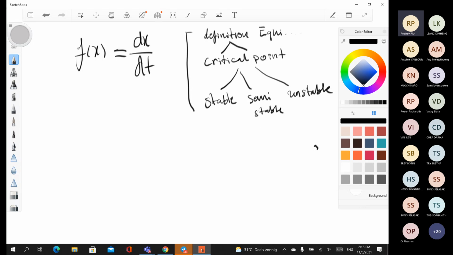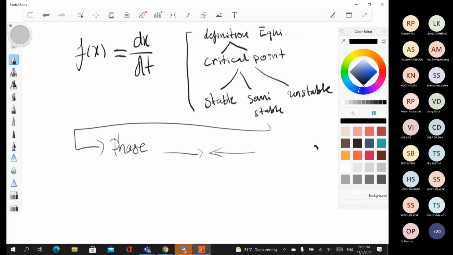About these three notions, we can identify them by using the phase diagram. When something tries to reach the critical point, it means stable here. Unstable means that it tries to leave.